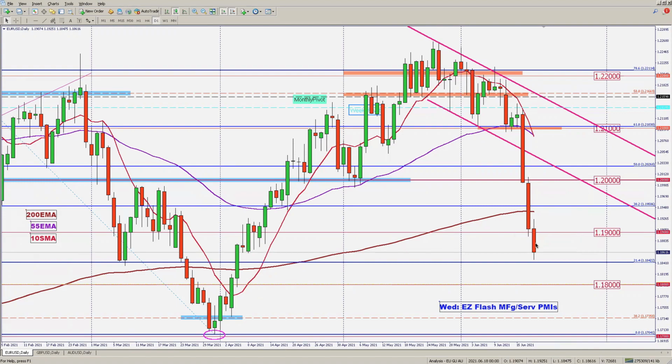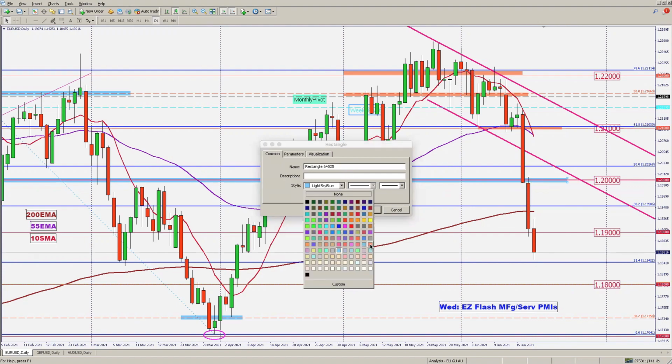And then on Friday, it attempted to reach the 21 FIB retracement, but just fell short of that. Let's also update the FIBs in a while. We can extend this over here now as a resistance zone as well.